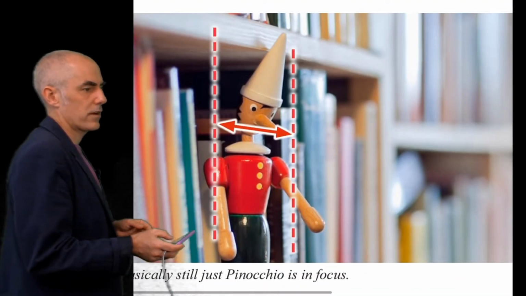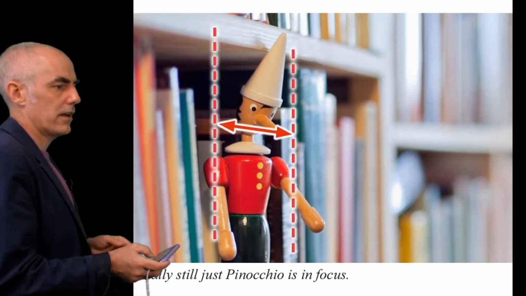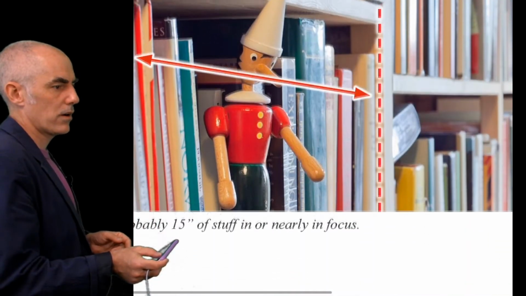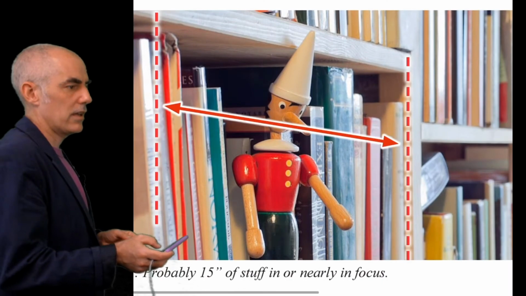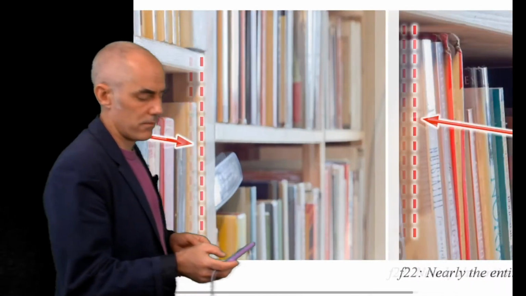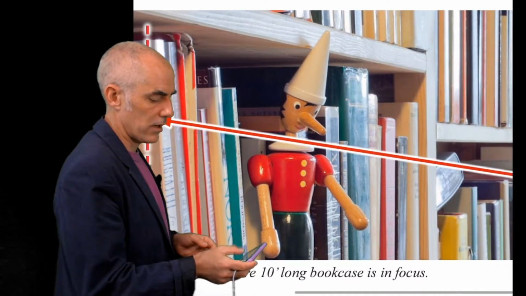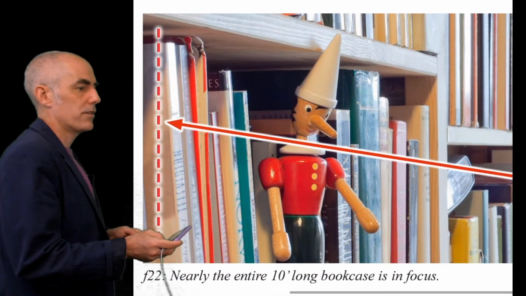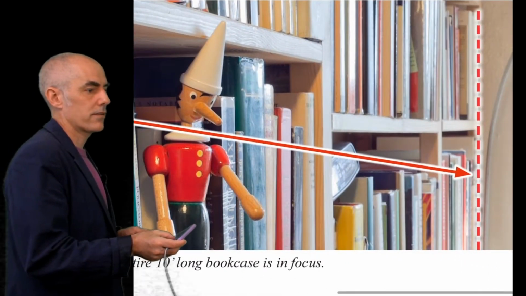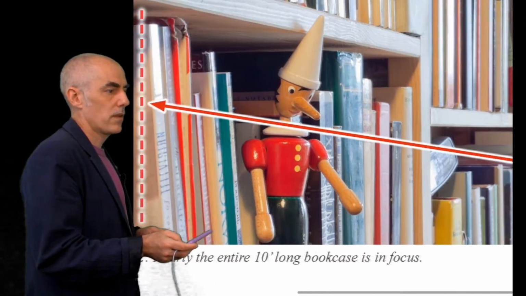Just for reference, here we are back at f2. Here we are at f11. And then if I close it all the way down, I'm here at f22, and almost the entire bookcase is sharp.